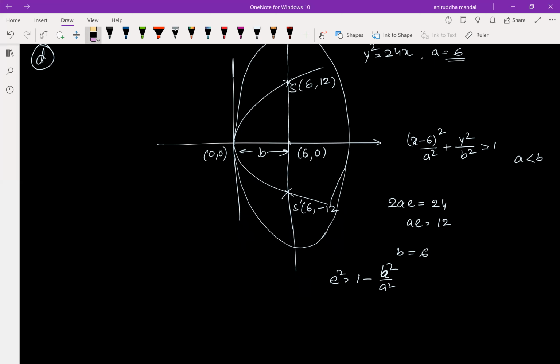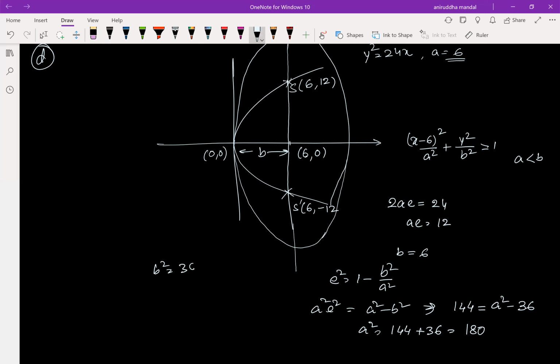So A square E square equal to A square minus B square. A square E square means 144. So A square minus B square is 144, and B square is 36. So A square is 144 plus 36, which means 180. So A square is 180 and B square is 36.